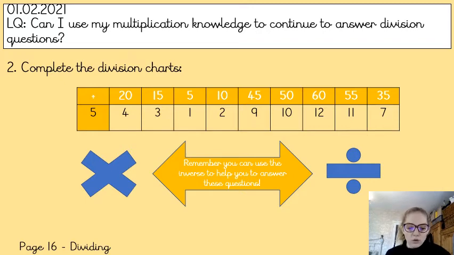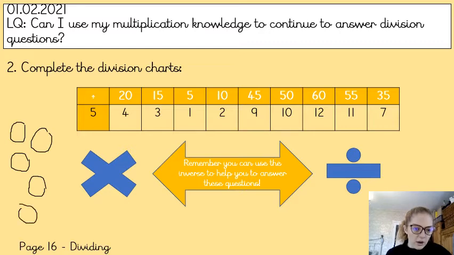But like I say, you could always do it like this, where you have your circles. So you have your 5 circles, 1, 2, 3, 4, 5, and then you go 1, 2, 3, 4, 5, 6, 7, 8, 9, 10, 11, 12, 13, 14, 15, 16, 17, 18, 19, 20.